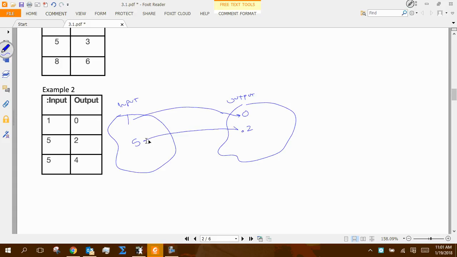So 5 goes to 2. But in this one it says 5 pairs with 4. And that hopefully visually opens your eyes to the idea that we've got an input that is giving us 2 different outputs. And if that happens, this thing is not a function. Okay, you violate the definition.